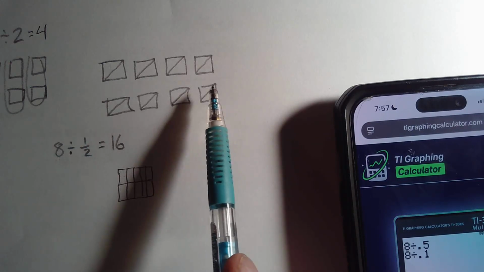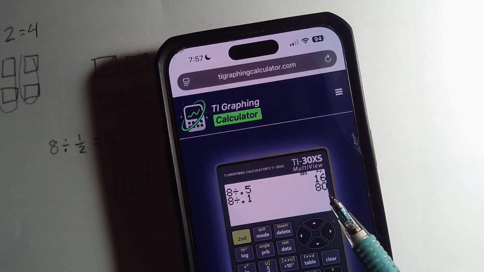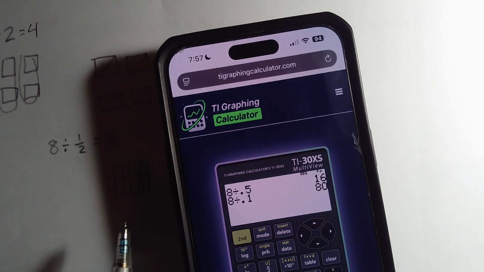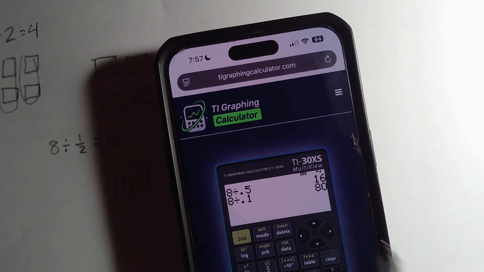So if I had 8 sandwiches and I did this to each of the sandwiches, cut them into 10 pieces, I would have 80 individual pieces to pass around, right? Because there would be 80 tenths of a sandwich. So when you divide by a decimal value, something between 0 and 1, you actually wind up with bigger answers.